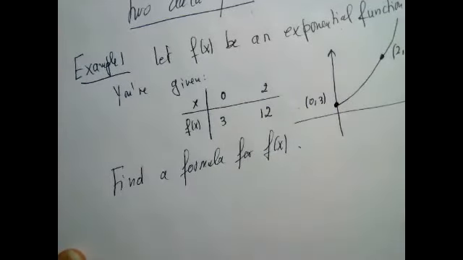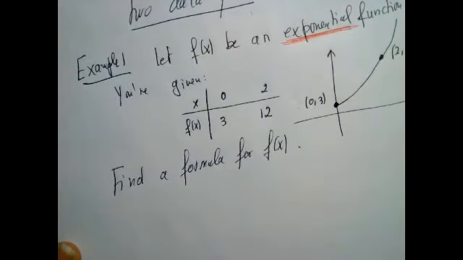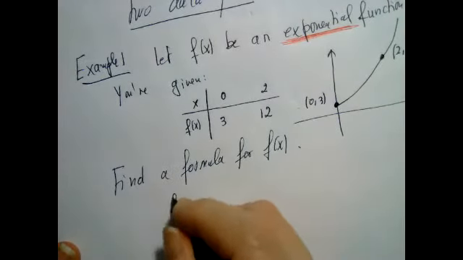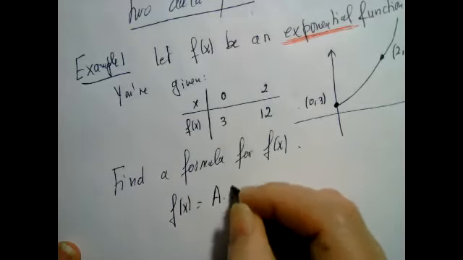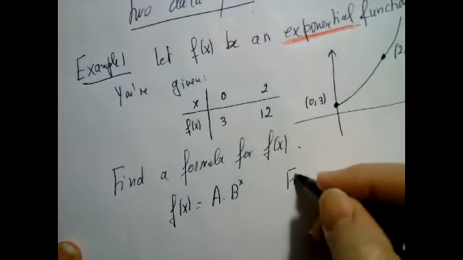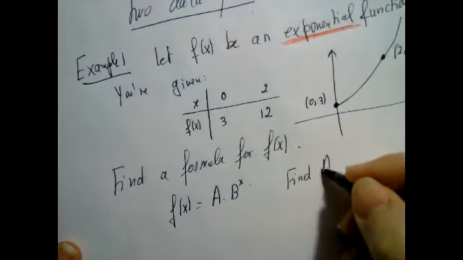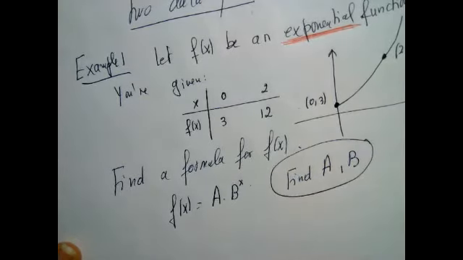First, it's exponential. Exponential tells me that the formula is a times b to the x. For linear, we know it's mx plus b. Exponential is a b to the x. Finding a formula means we need to find the a and the b. It's like for linear, where we find the slope and the b.